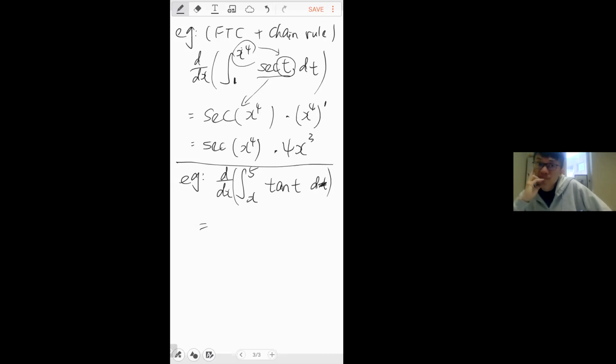What do we do? Any ideas? You leave the negative integral. Mm-hmm. So you can flip the lower and upper limits with a negative sign, like this.